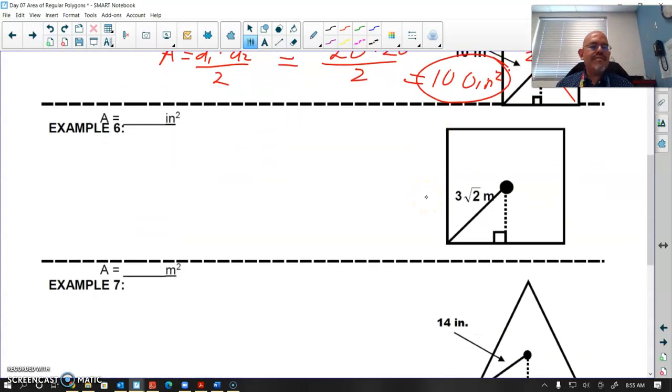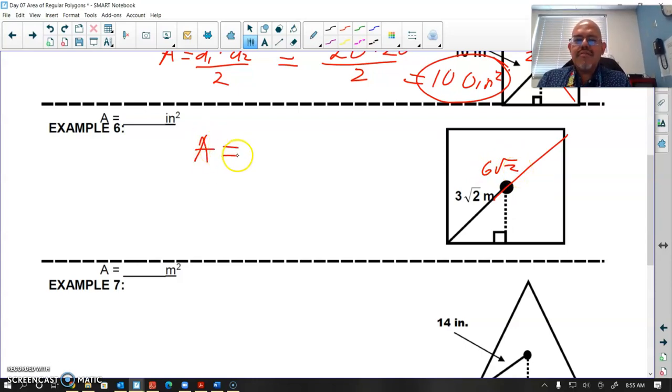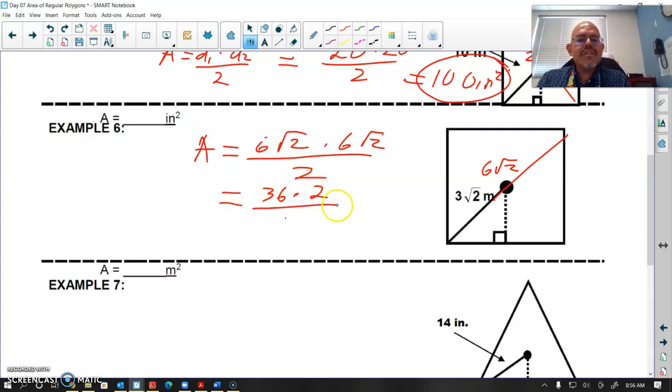Same deal here, except now we have 3 squared, square root 2. So this gives me 6 square root 2. So area is equal to 6 square root 2 times 6 square root 2, divided by 2. So 6 times 6 is 36. Square root of 2 times square root of 2 is 2, and then divide that by 2.